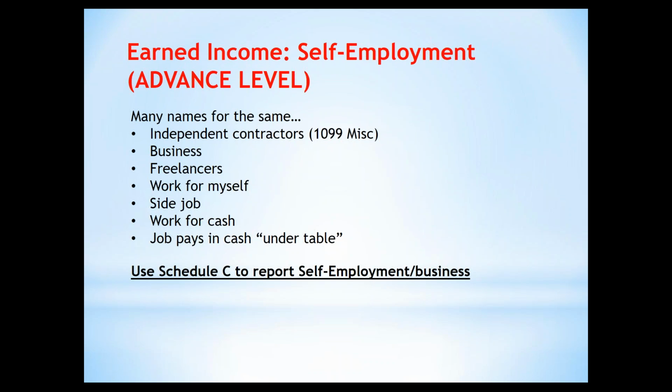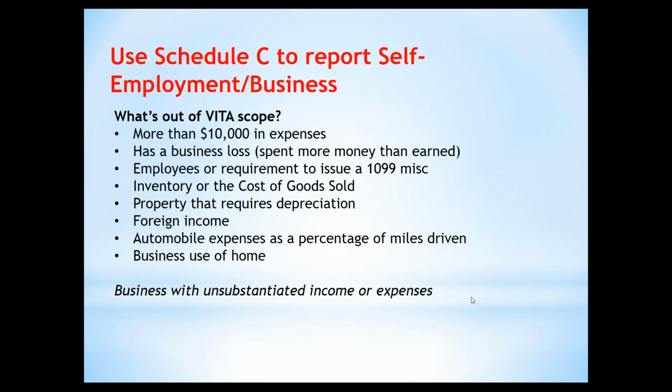So sometimes if somebody does a lot of contracting, they'll be provided what's called the 1099 miscellaneous form, and that's for somebody that they've done work for, but they still have to file a Schedule C for this business that's actually their personal business. So we can do very few things as far as the Schedule C goes, so I like to just review what's in scope really quick.